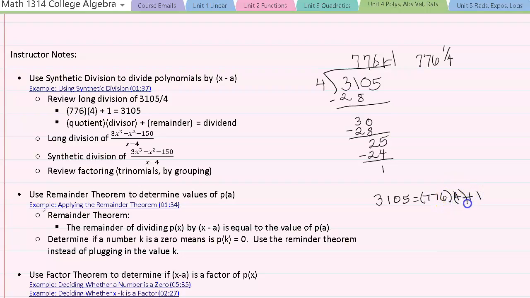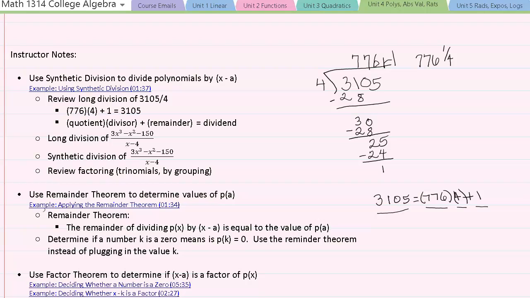This format is the quotient, the 776, times the divisor, which is 4, plus the remainder, which is 1, which equals our dividend, which was the 3,105.